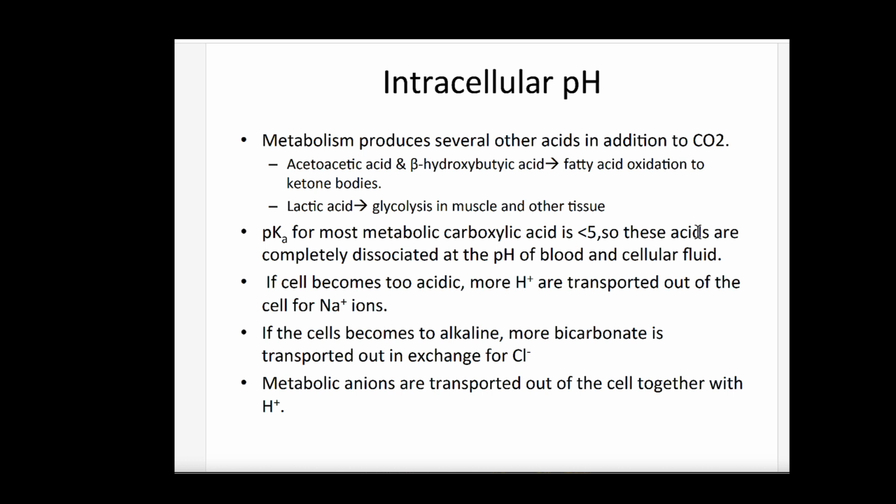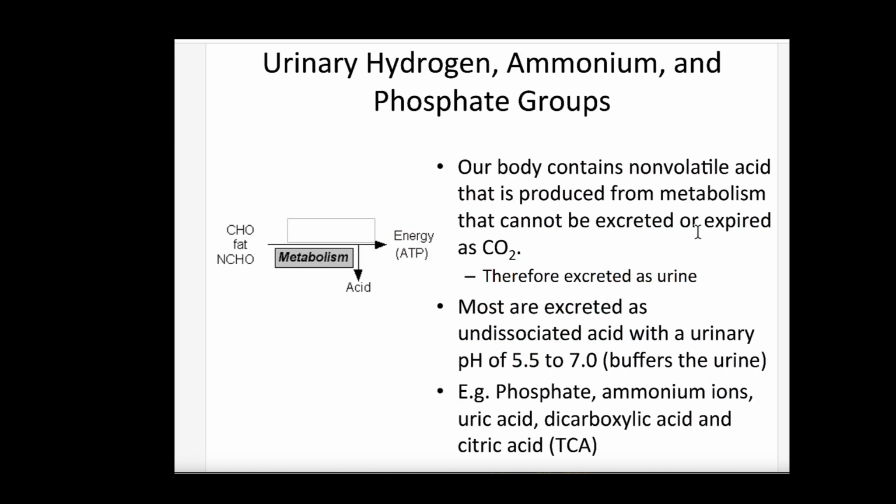So there is a clear connection between the import and export of hydrogen ions and chloride ions to maintain an equilibrium of the buffer, the pH in the cell. Metabolic anions are going to be transported out of the cell together with the hydrogen ions, because the whole point is, as you are transporting out these anions, you want to make sure that you're keeping a balance of the pH.